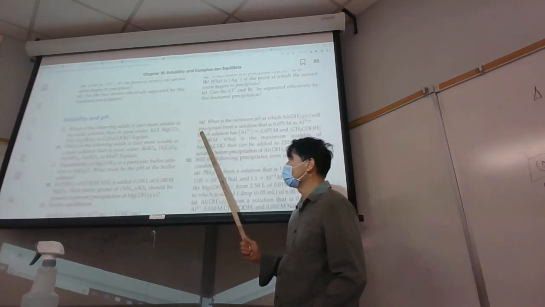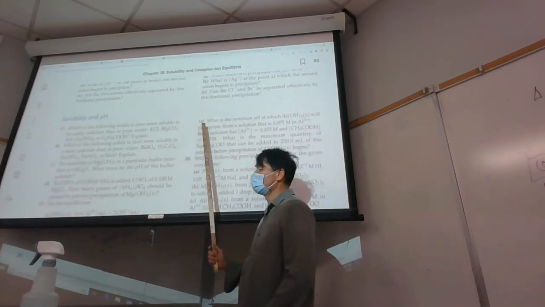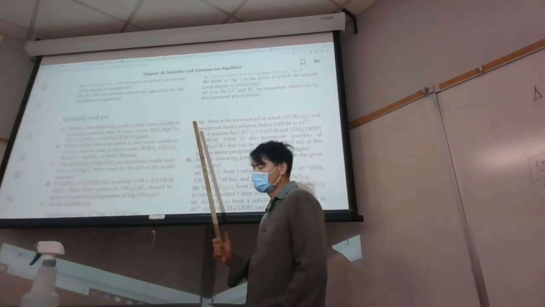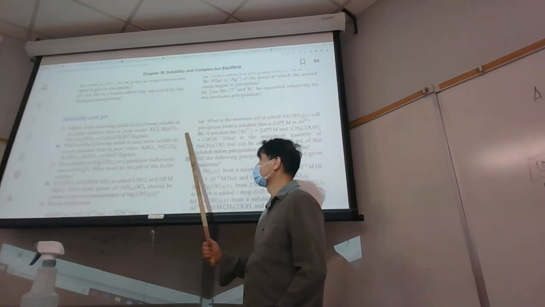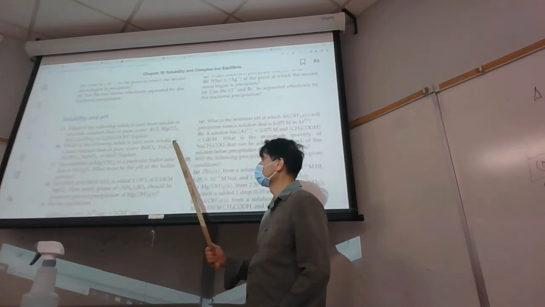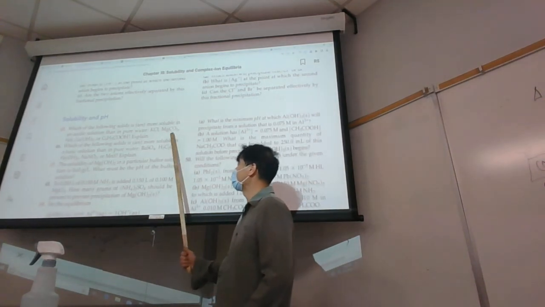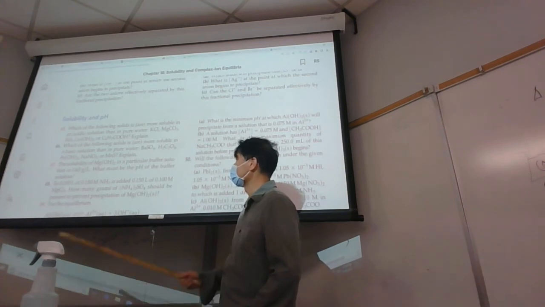Carbonate's a base, a dibasic base. And so we can use Le Chatelier's principle. That is, if we make the solution more basic, then it shifts to the left. If we make the solution more acidic, then it shifts to the right. And so we look at what reacts. Carbonate reacts with acids. That's why if we make it more acidic, it shifts to the right.